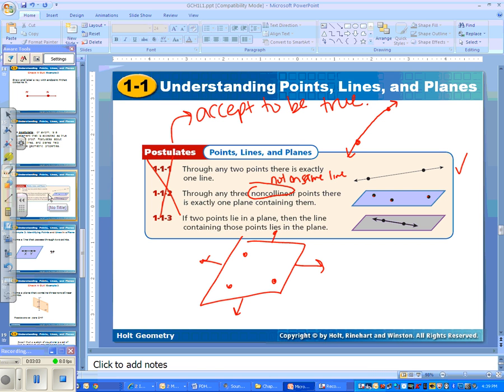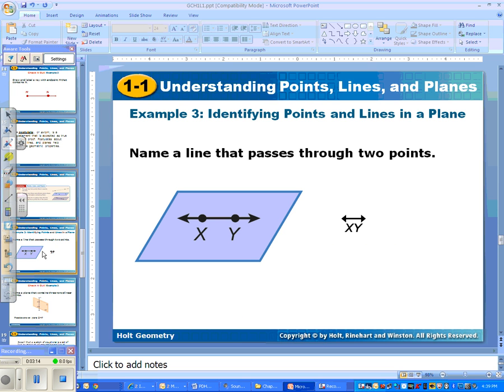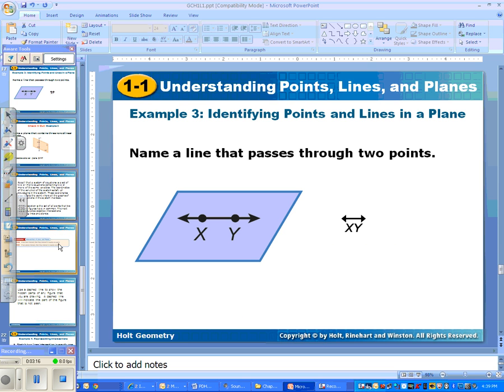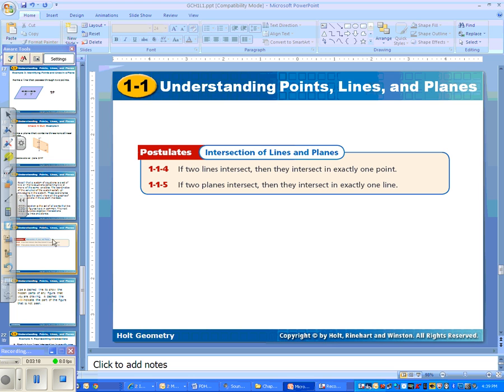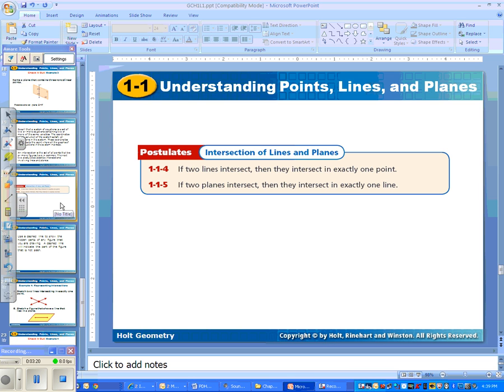Yes. Okay, so that's basically what number 3 is saying. Your pen or your line is not floating above the plane, it's actually in the plane, and those points are as well. Okay, so these postulates, I know that they seem simplistic, but it's important in geometry that we actually say these basically no-brainers, right? Like, duh, of course your pencil's on your desk.